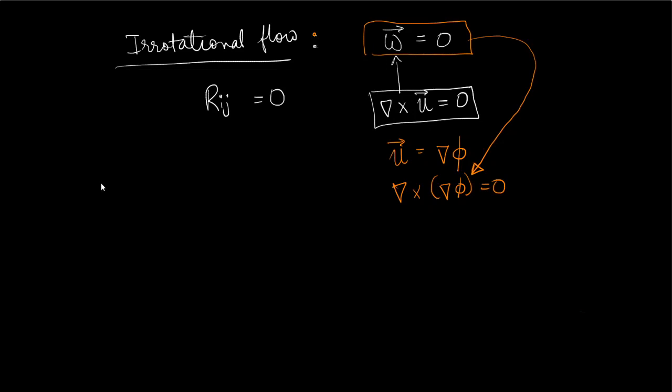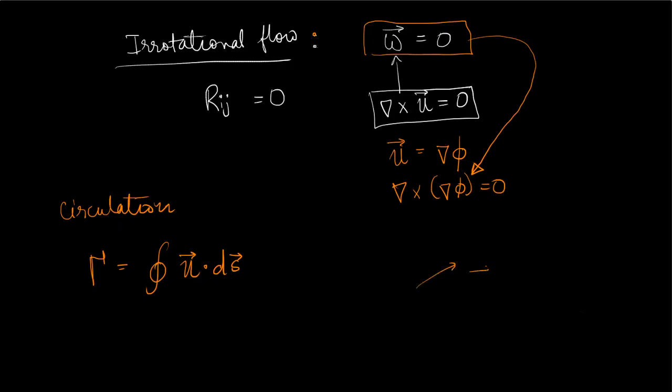But it is important for us to know certain relationships beforehand. The next important concept is that of fluid circulation. The circulation is defined as capital gamma. It is the integral of the velocity along a closed contour in the flow.